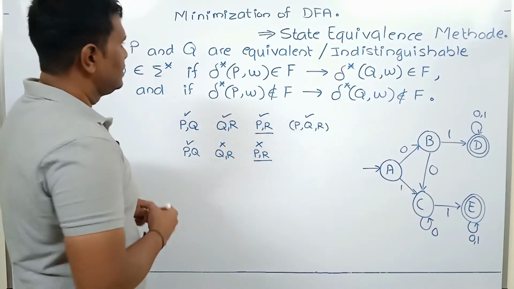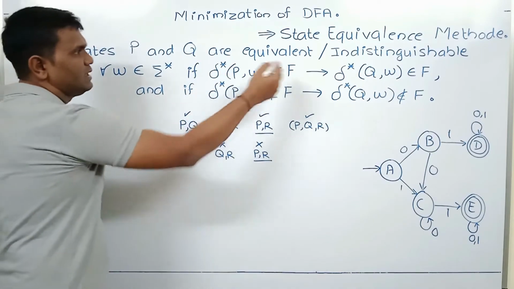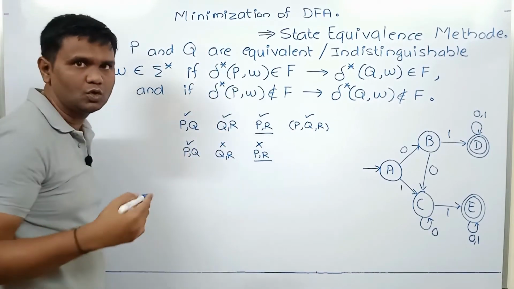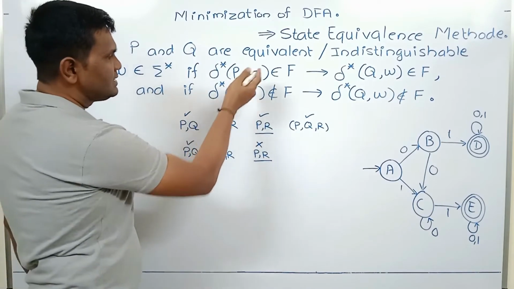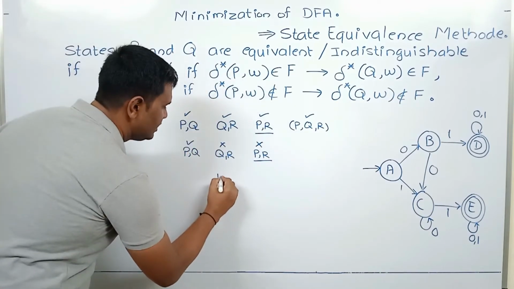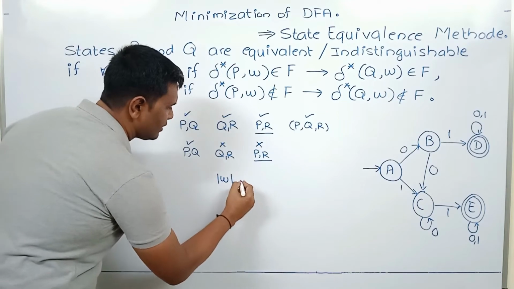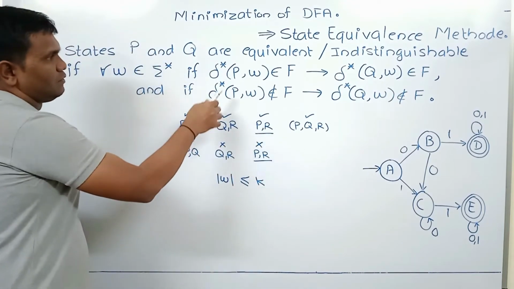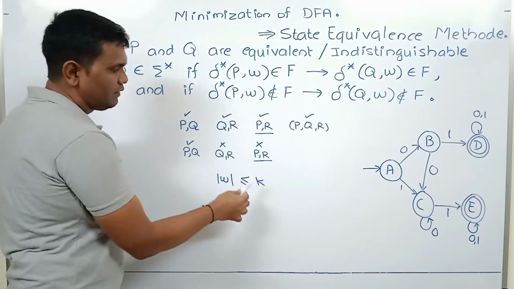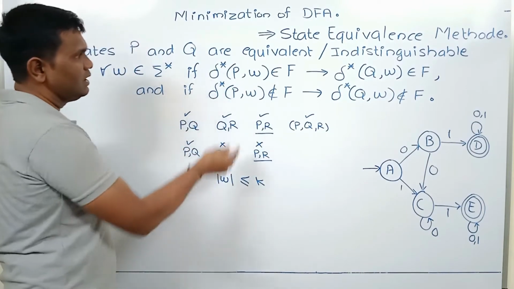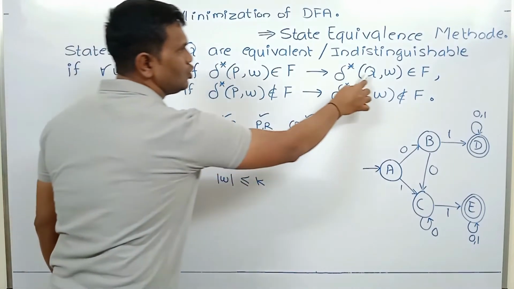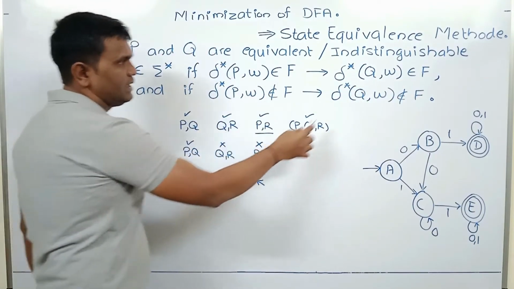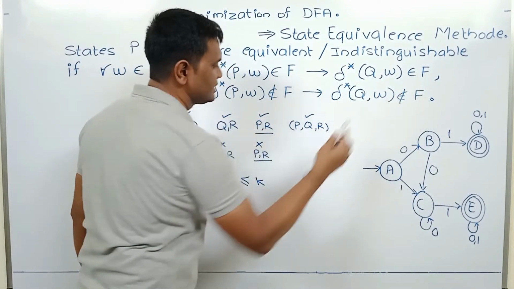Now we have studied this part. If P and Q are equivalent, then these equations hold true. Now consider length of W up to K. For any string W of length less than or equal to K, if P goes to a final state, Q goes to a final state. If P goes to a non-final state, then Q goes to a non-final state.